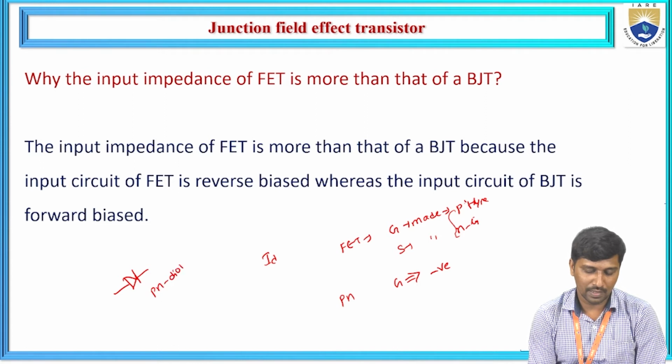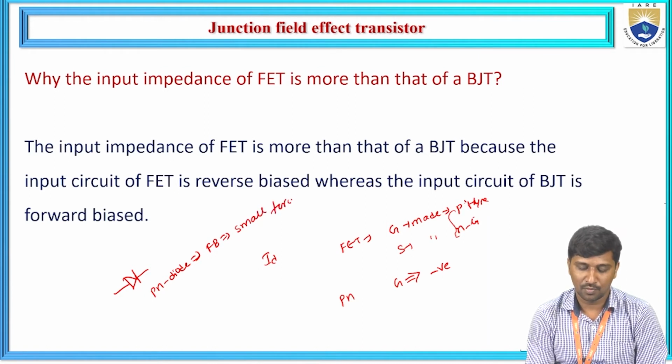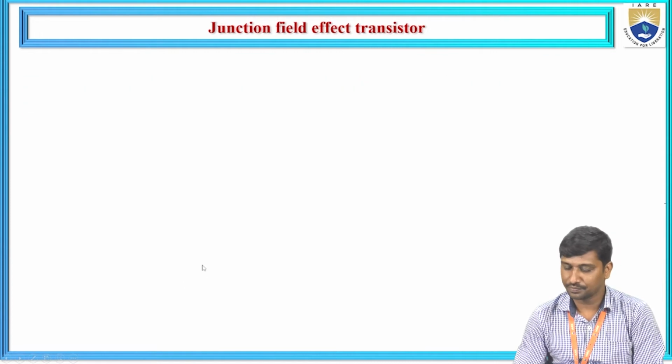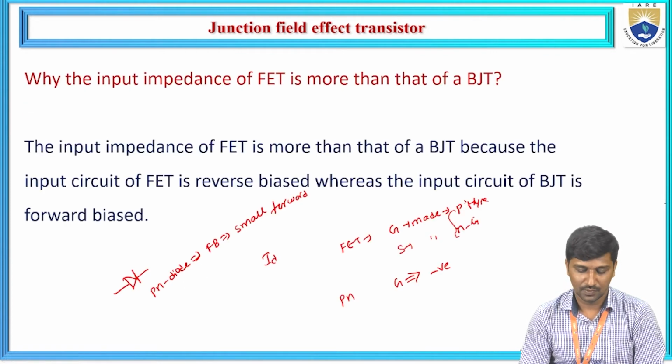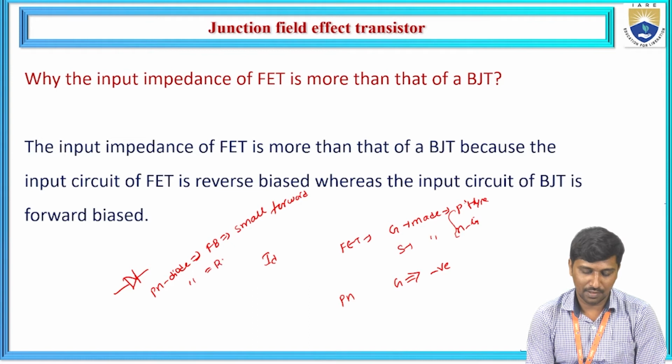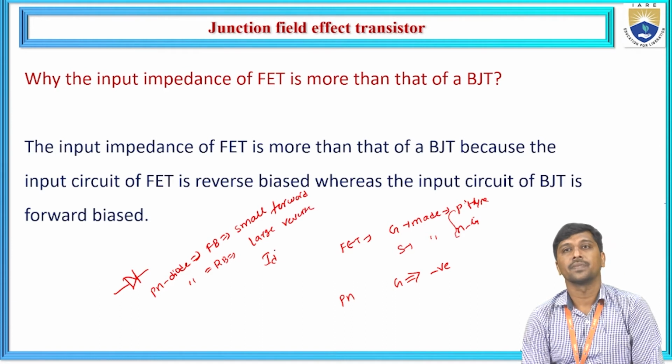PN diode or a semiconductor diode is forward biased, it offers very small forward resistance, and when the diode is reverse biased, we know that it offers very large reverse resistance.